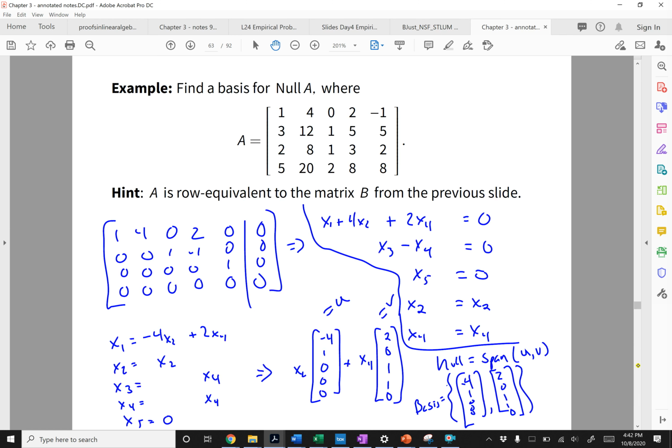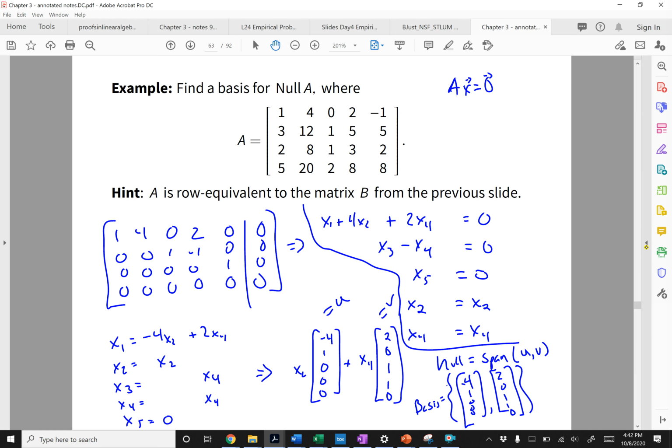So find a basis for the null space of A. Okay, so we've done a row space example, we've done a column space example. How about the null space? So you remember the null space is all vectors x such that Ax equals the 0 vector.